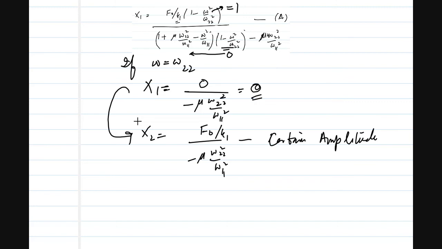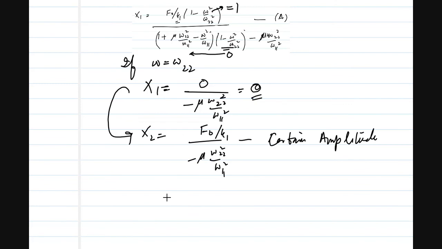But your x2 gains a certain amplitude, because it is not equal to 0, and in that case it equals f naught over k1 divided by minus mu omega 2 square over omega 1 square. Now what does x2 actually do mathematically? We'll just simplify this.